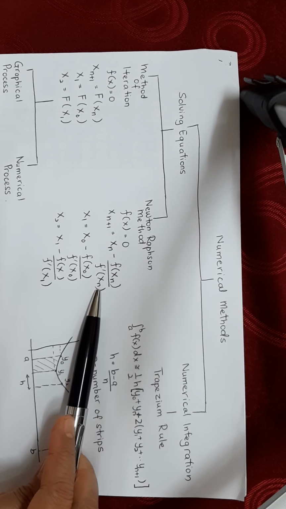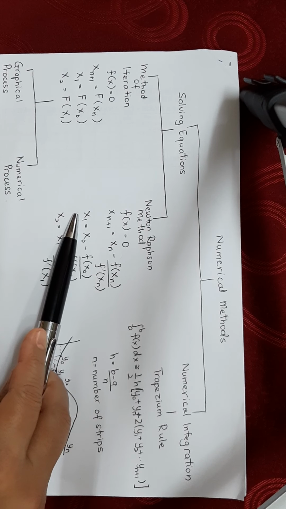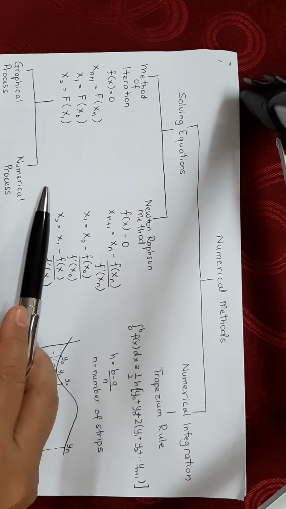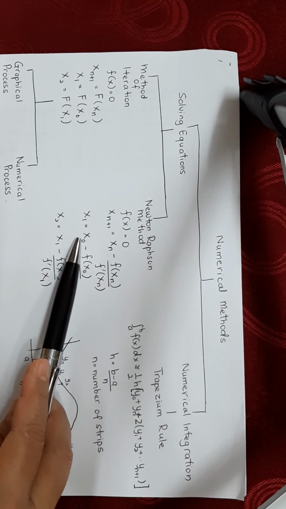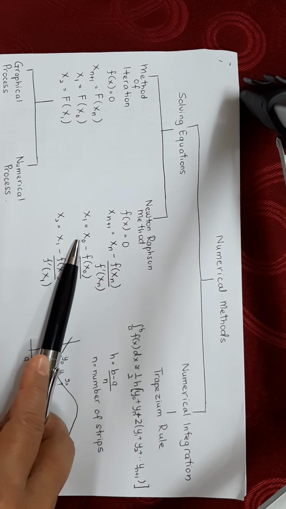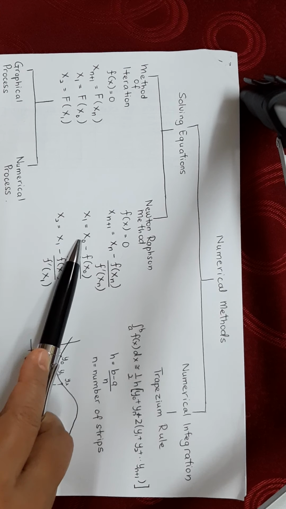If you want to get your first approximation, same as the previous method, you have to guess your x naught, your initial guess.